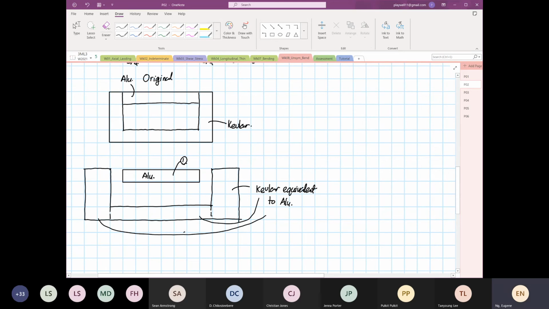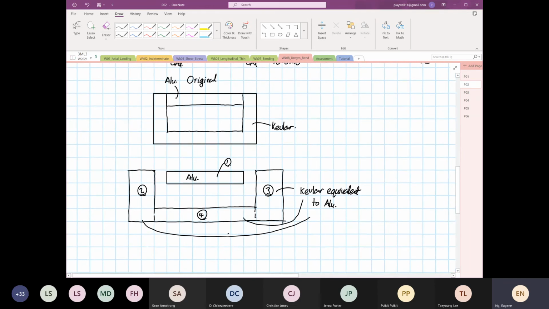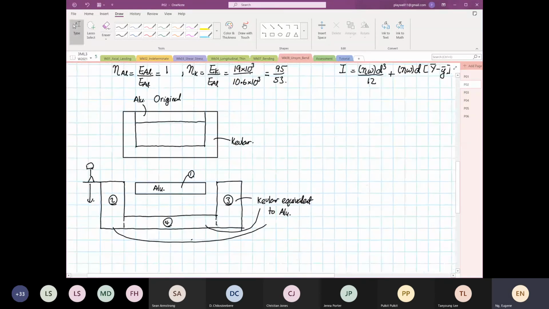So I'm going to call this section 1, 2, 3, and 4. And I'm going to take the datum from the top. My analysis from the top, and then it'll be sliding down. So now we're going to find the centroid.